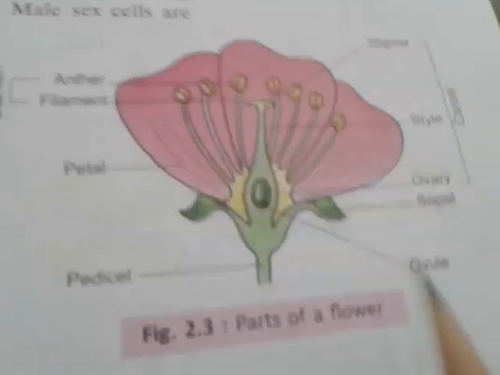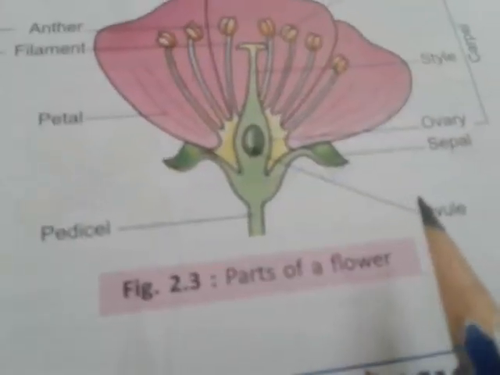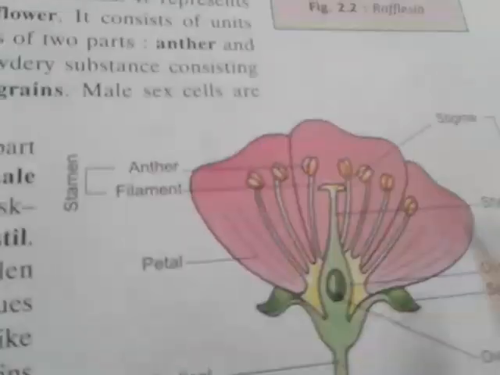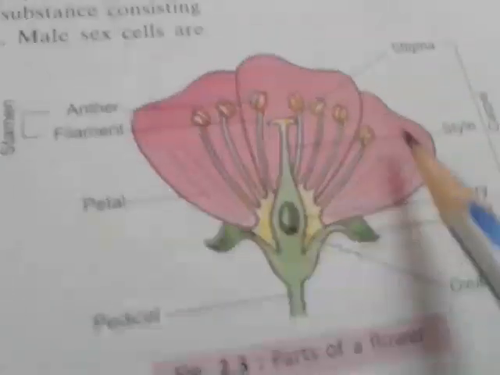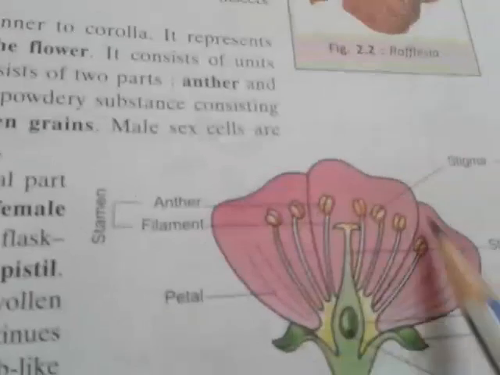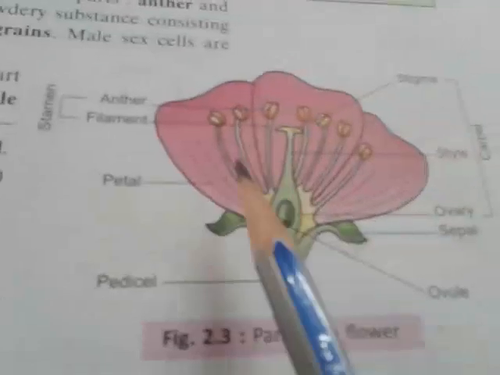Okay, second is corolla. Corolla is the next inner whorl composed of brightly colored parts called petals. You have seen the bright part of the plant, that is basically your petals. Suppose this figure is a red flower, so this red part is your petals, and these petals are included in the corolla part.